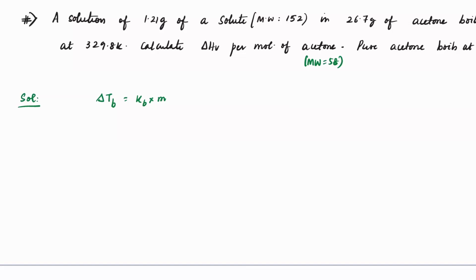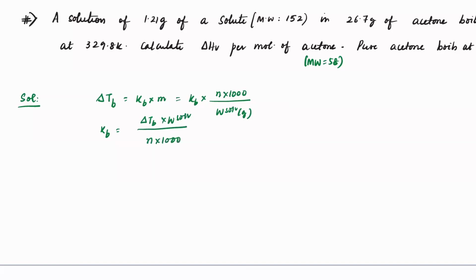Anyway, so Kb value here, how do we write down that? Kb will be equal to delta Tb into weight of solvent in grams divided by number of moles into 1000.